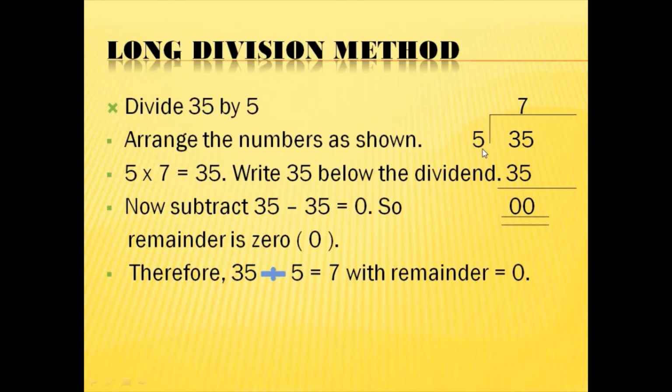That is, 5 1 time 5, 5 2 times 10, 5 3 times 15, 5 4 times 20, 5 5 times 25, 5 6 times 30 and 5 7 times 35. That is 7 groups of 5 in 35. Here 7 is the quotient with the remainder 0.